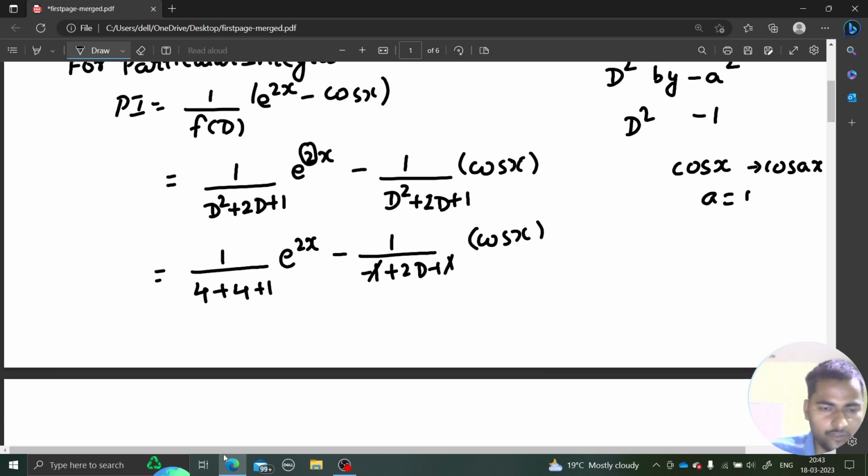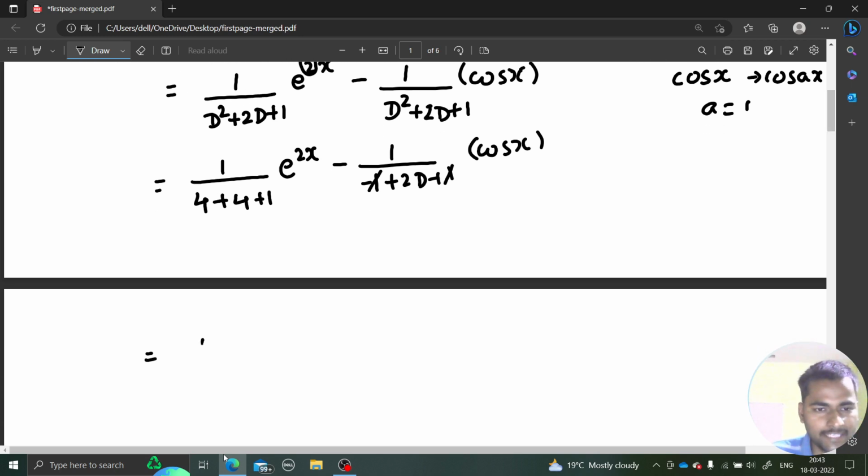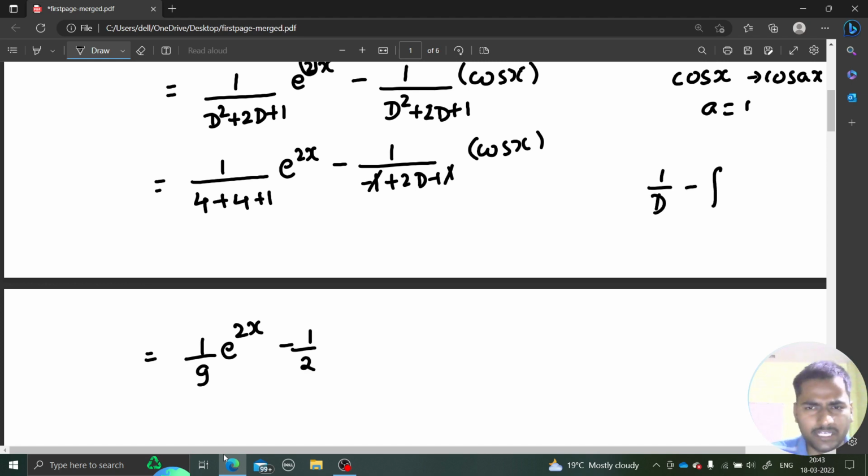Now see what we can do. This is simply 4 plus 4, 8, plus 1, 9. So 1 by 9 e power 2x. Now this is 1 upon 2D, which I can simply take out. And 1 by D is similar to integration with respect to whatever variable you have. Here we have x, so integration with respect to x of cos x dx.